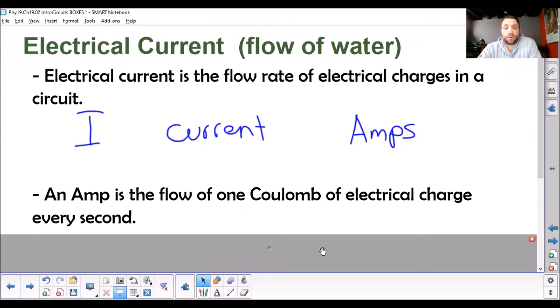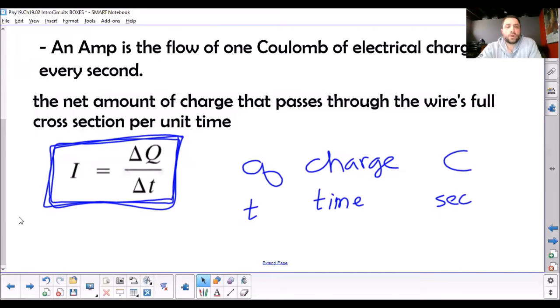An amp is the flow of 1 coulomb of electrical charge every second. Don't worry about what that means. Just know that it's 1 coulomb of charge every second. If we'd done some of the electrical demonstrations, you would have gotten to see how that worked.